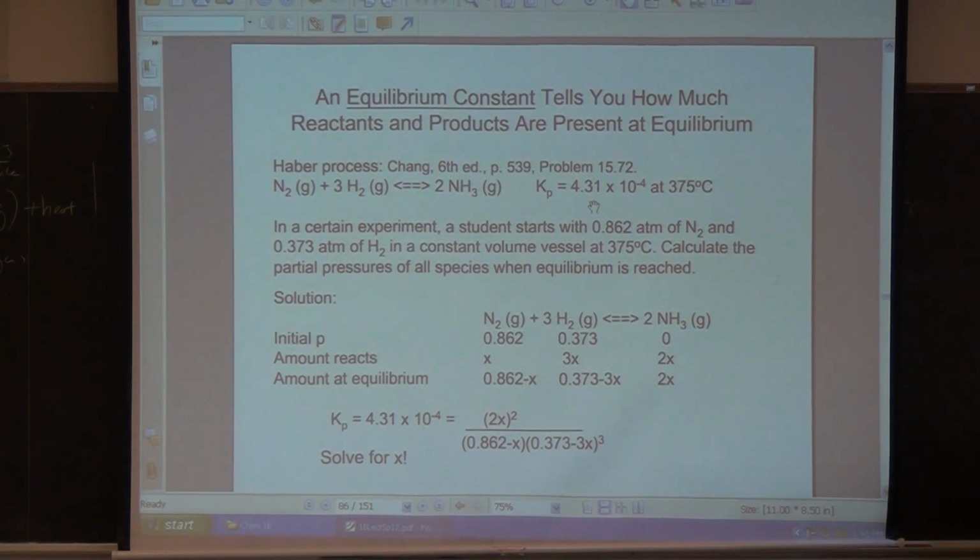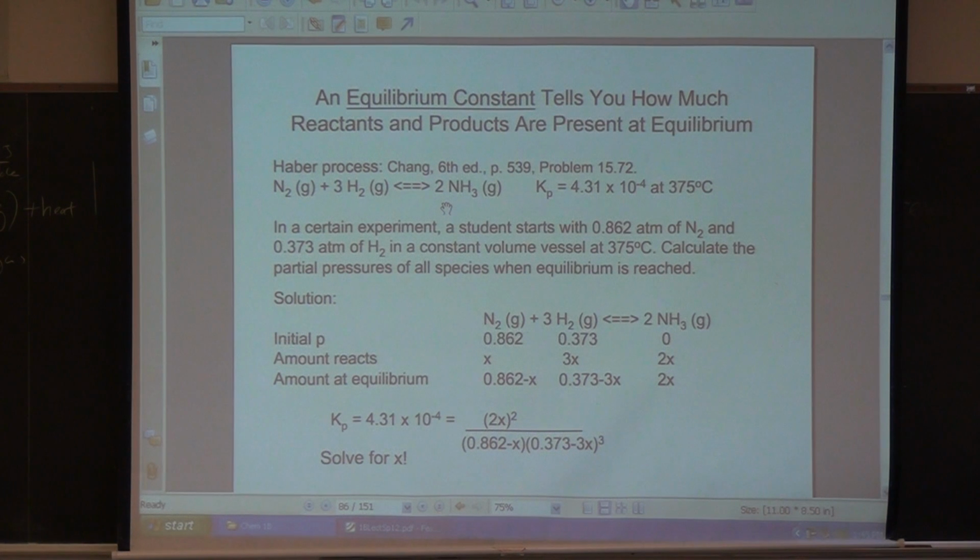We have 4.31 times 10 to the minus 4. Is this number small? 10 to the minus 4? Yes, that's a small number. So that tells us that we should see a lot more reactants present than products.